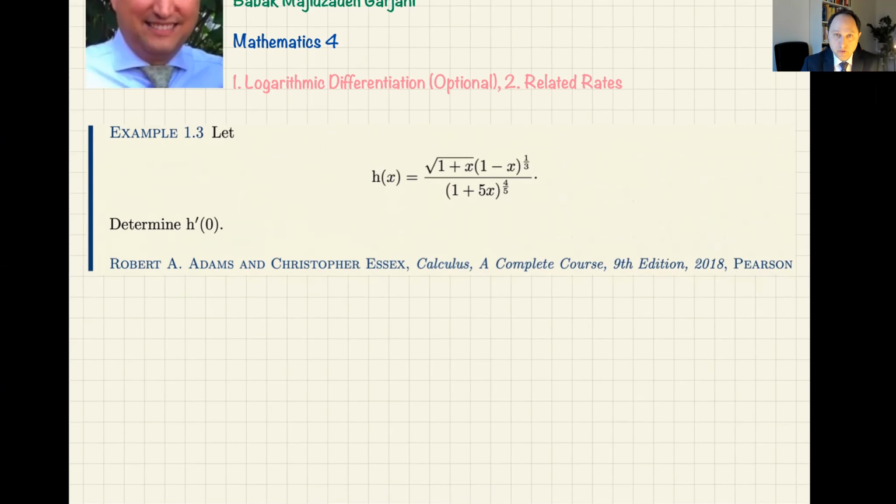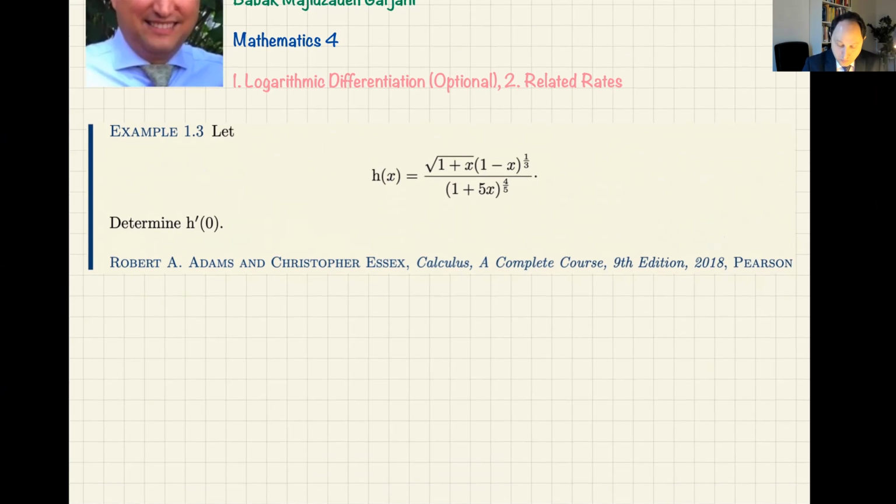Now here the same situation happens. In principle, this can be negative because this is the third root. I don't have any problem with putting a negative number below the third root. So in principle, this can be negative. But in this case, I don't need to bother to put absolute values first and then do the calculation, because I am supposed to calculate the derivative of this function at the given point 0.